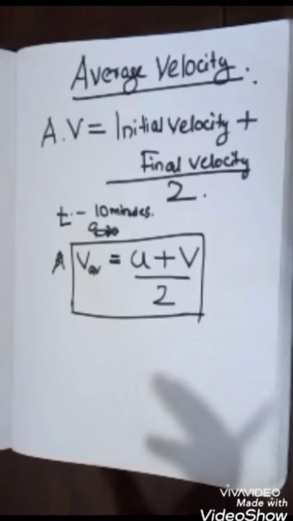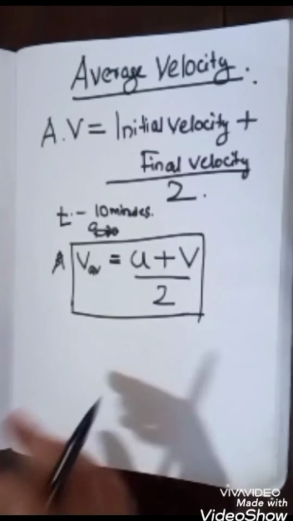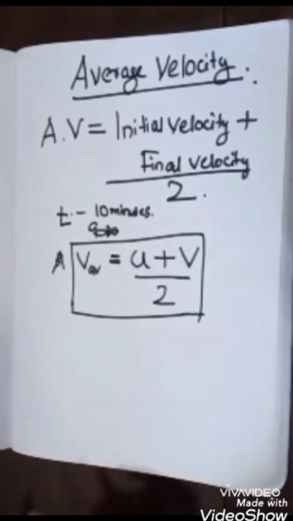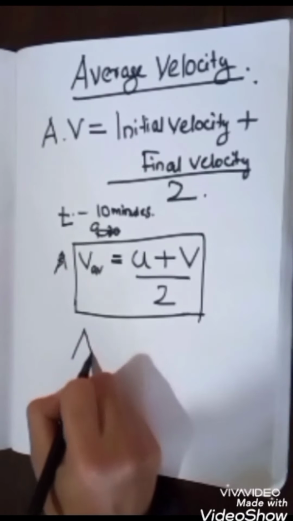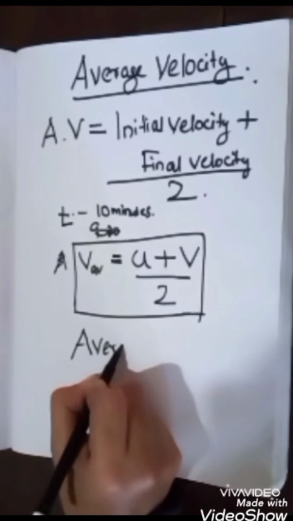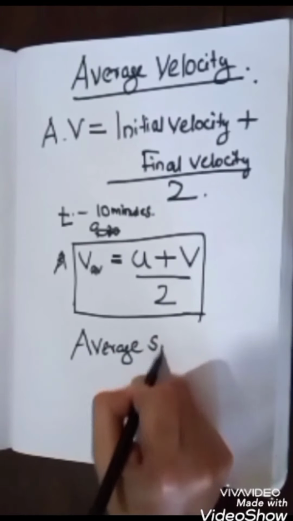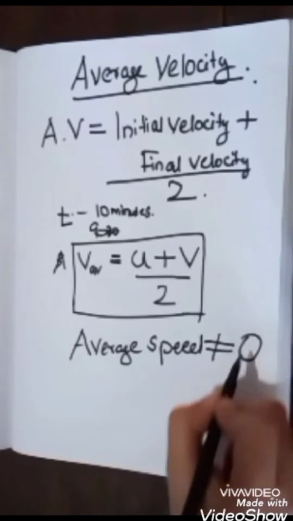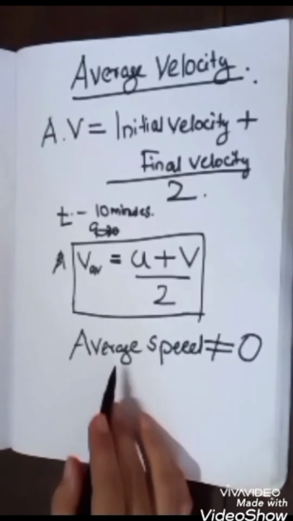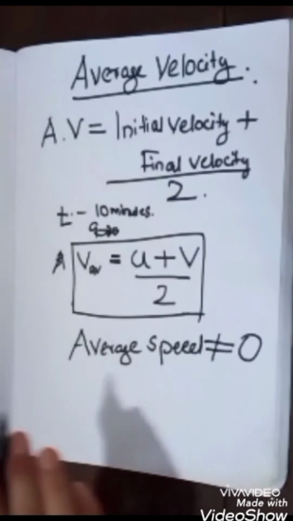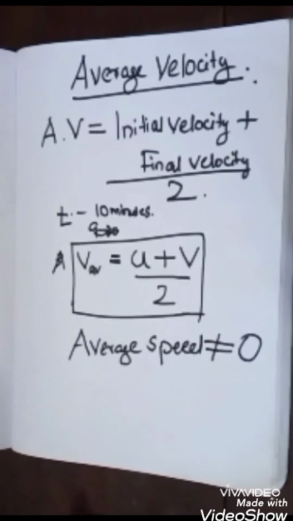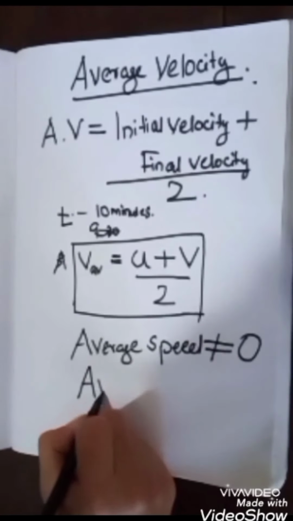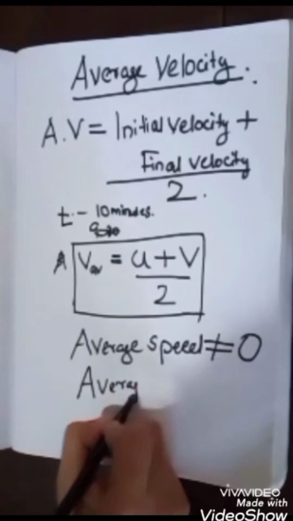Here is an important point. We already studied average speed and average velocity. The average speed cannot be zero. In any situation, the average speed will not be zero. The average speed never becomes zero. But the average velocity can be zero.